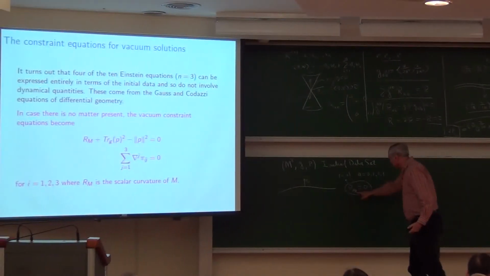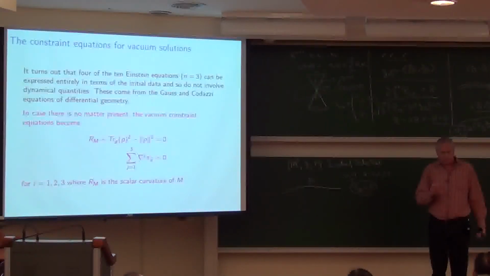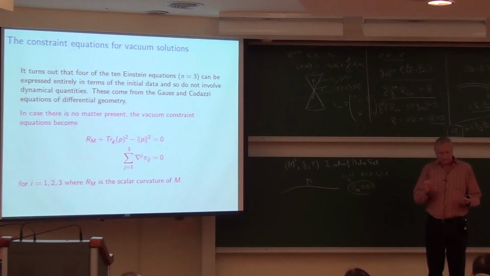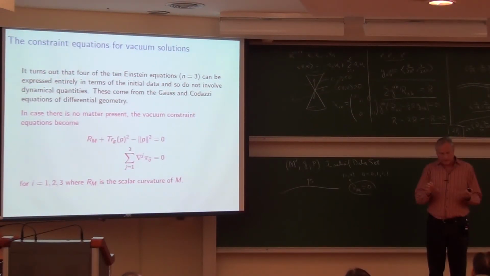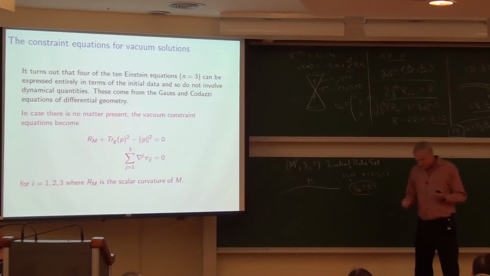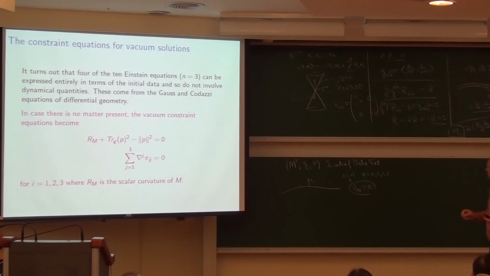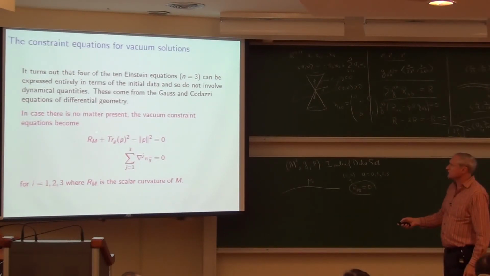If you look at the 0A component of these, you can express everything in terms of initial data. The Gauss equation relates the ambient curvature in the tangential directions to the intrinsic curvature and the second fundamental form. That first equation comes directly from the Gauss equation.